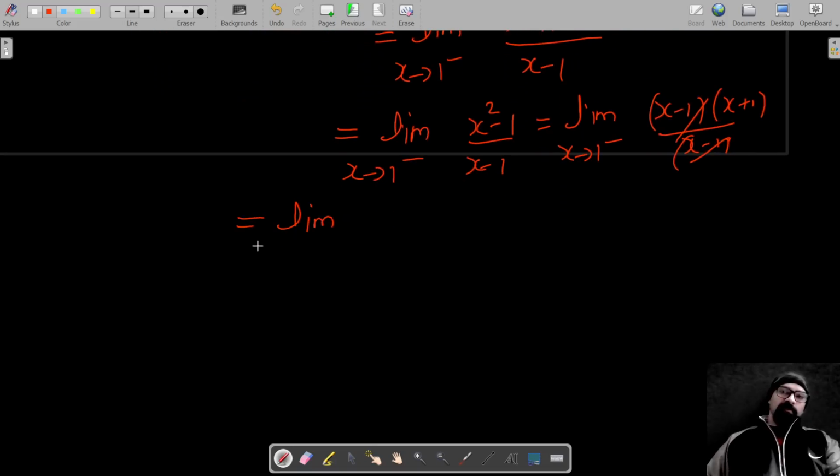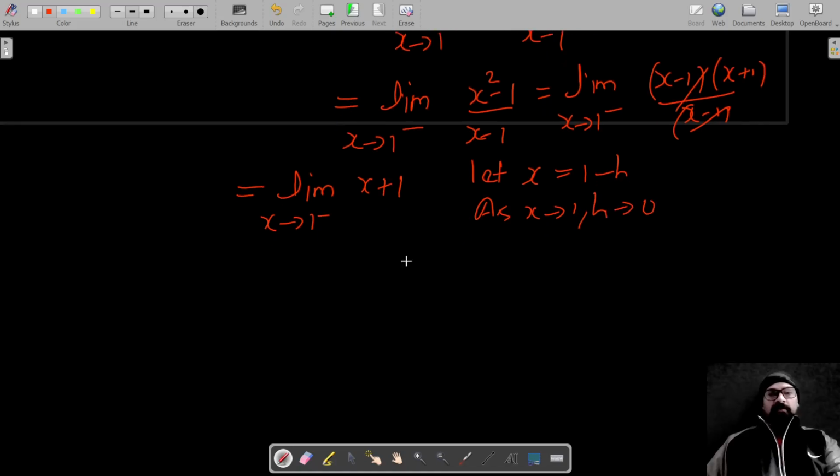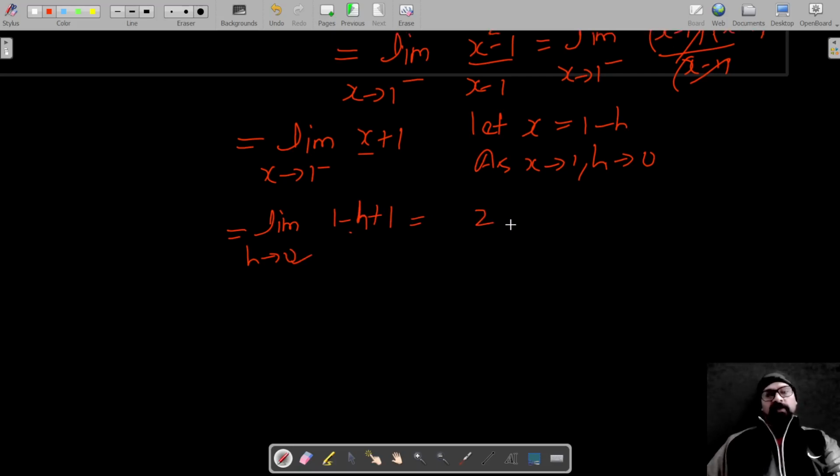So this is the limit as x tends to 1 negative of x plus 1, and let's assume that x is equal to 1 minus a small value h, and as x tends to 1, h tends to 0. So this is now the limit as h tends to 0 of 1 minus h plus 1, which, if we take the limit for h equal to 0, gives you the value 2.